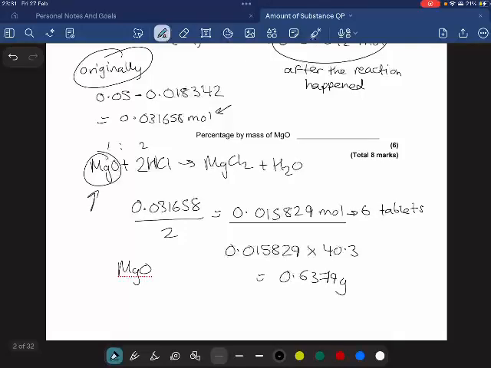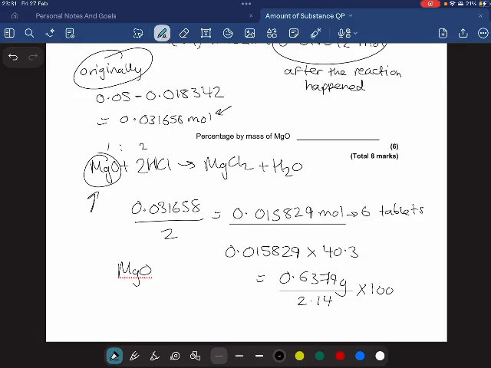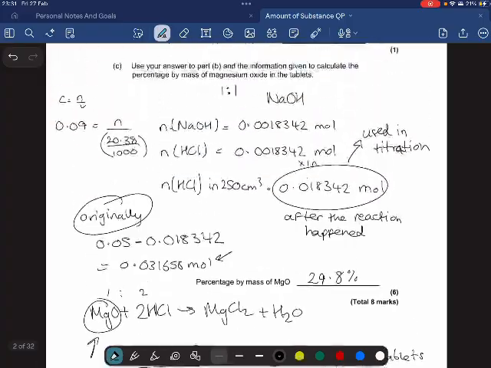So we divide this by 2.414 to find how much MgO is actually in the tablets, times by 100, and we get a not too great percentage. If you want to find the actual amount of MgO inside the tablet, it's only 30%, right? So there we go, 29.8%.